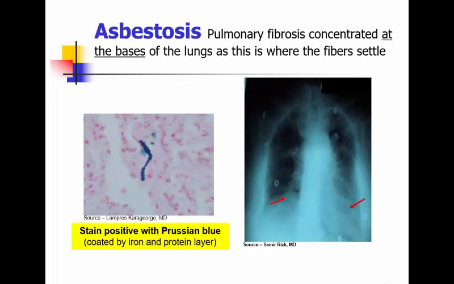And we usually stain it with Prussian blue because we have iron coating the asbestos fibers. So this is one of my patients, very obvious on the pathology slide or histopathology that the patient has asbestos down here.